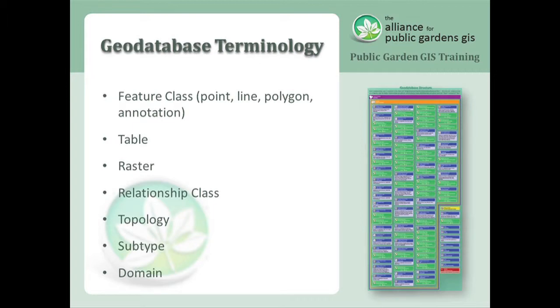Or it could be a drop-down list of the growth habits of different plants, which we actually have built into the data model. That means that the plant habit field for our plants has a list of values. A plant could be a tree, a shrub, a subshrub, a vine, etc. So you get the idea.